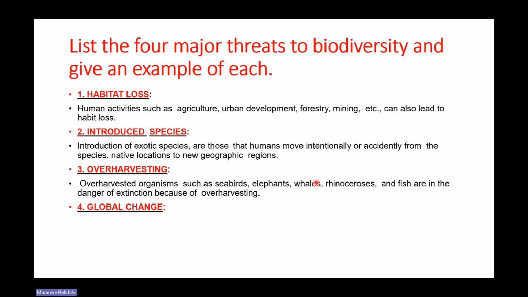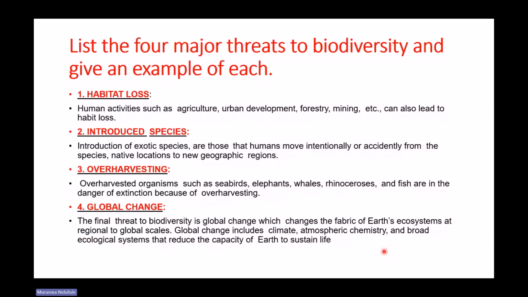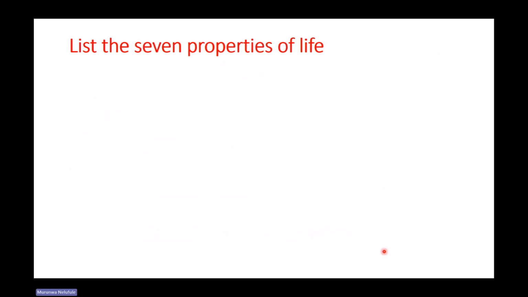So the over-harvesting of species such as seabirds, elephants, whales, and even fish will lead to a danger of extinction of those particular species. Global climate change is changes in the fabric of Earth's ecosystem at the regional to global scale. Global change includes climate, atmospheric chemistry, and broad ecological systems, which reduce the capacity of Earth to sustain life on its own. We talked about this last week.